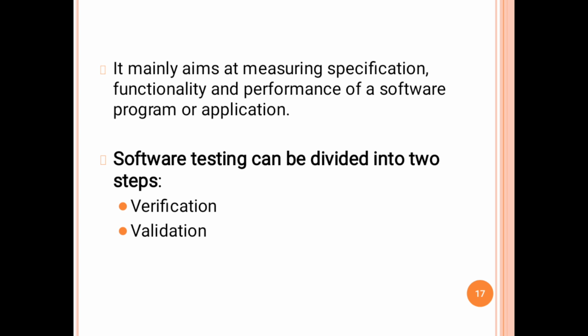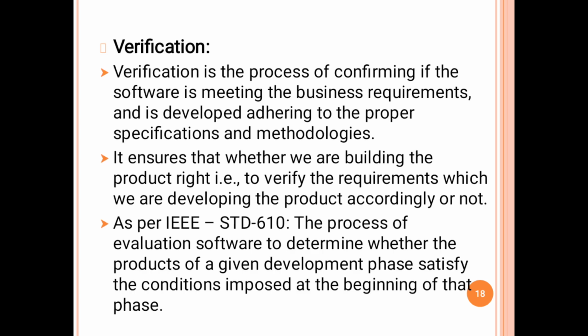Software testing can be divided into two steps: verification and validation. Verification is the process of confirming if the software is meeting the business requirements and is developed adhering to the proper specification and methodologies.